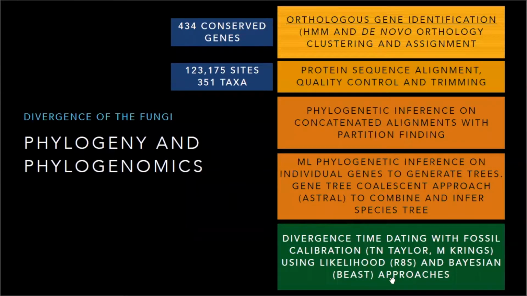Okay, so how do we understand how these organisms are related to each other? One thing we can do is try to build phylogenetic trees. One pipeline that we use is using a set of predetermined conserved proteins, 434 that we've picked out that behave well as being found in most fungi and also in some of the outgroups that we were going to use.